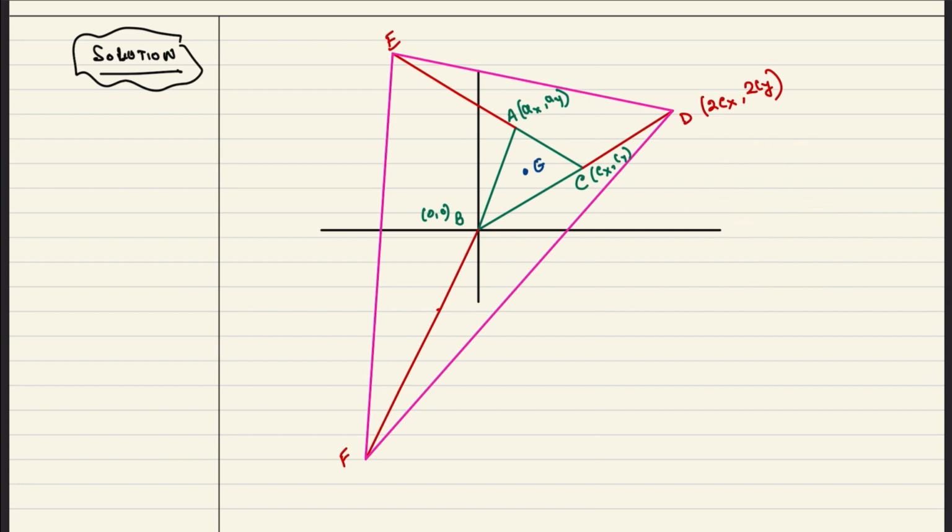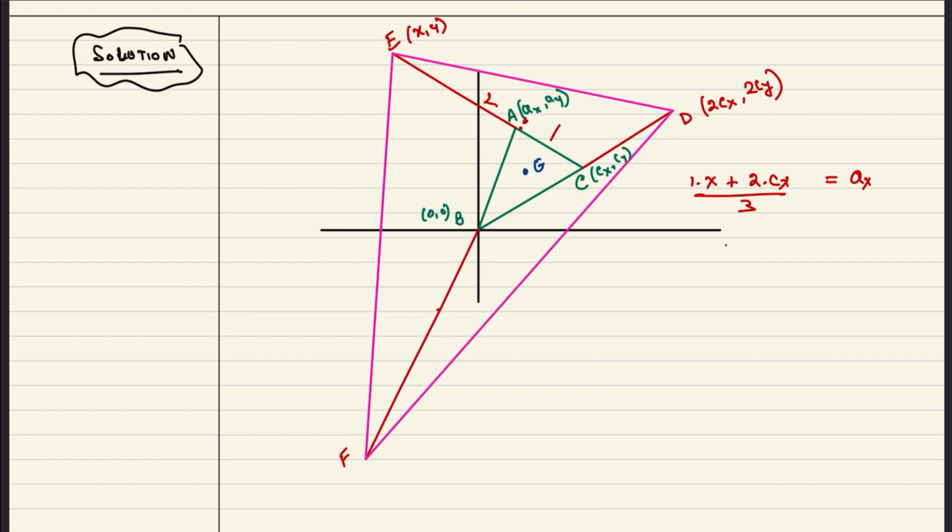So let's do that. The coordinate of E, suppose it's x comma y. Then this is split in the ratio 1 is to 2. So (1 times x plus 2 times cx) by 3 is equal to ax.